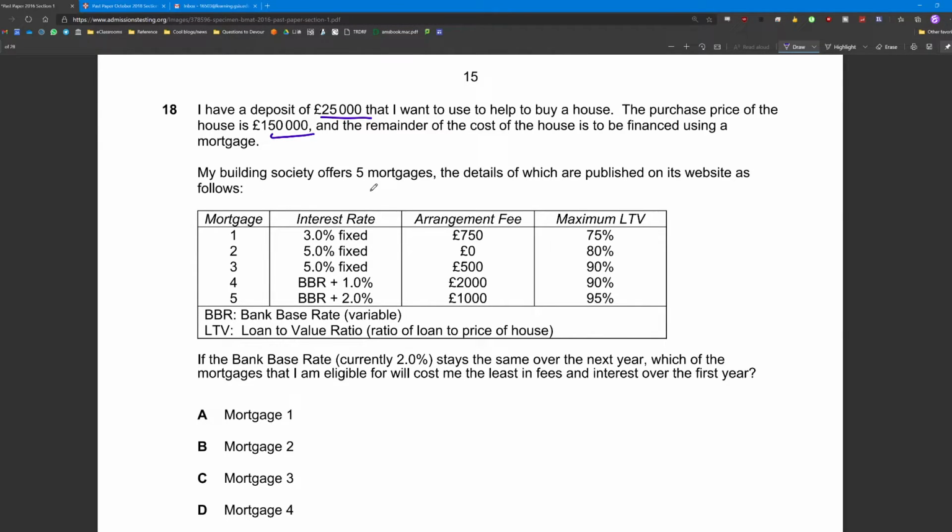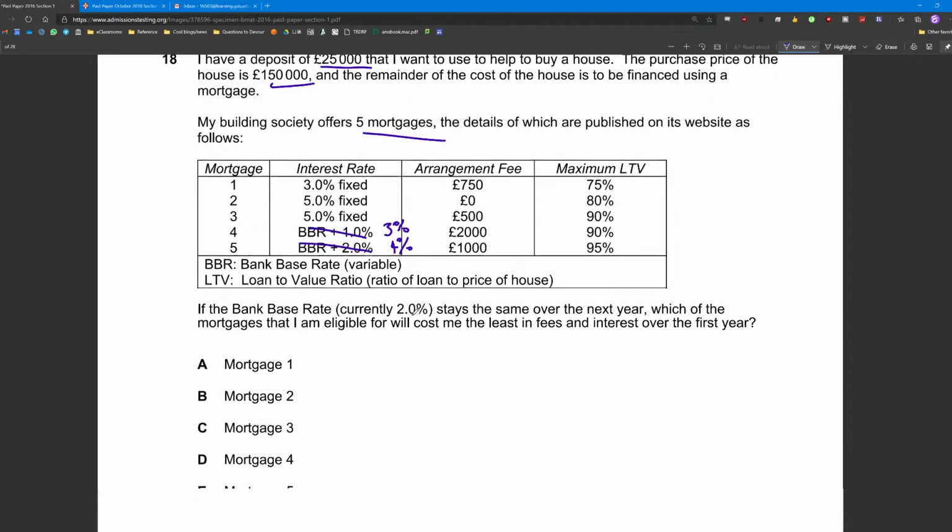My building society offers 5 mortgages, the details of which are published on its website as follows. The bank base rate stays the same within the next year, so this is 3% and this is 4%. Which of the mortgages that I am eligible for will cost me the least in fees and interest over the first year?